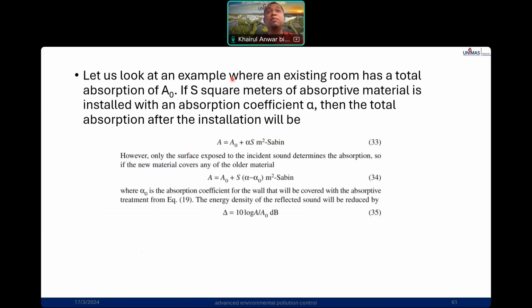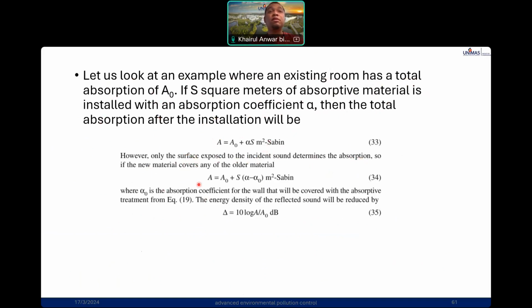Let us look at an example where an existing room has a total absorption of A naught. If S square meters of absorptive material is installed with an absorption coefficient alpha, then the total absorption after the installation will be A equal to A naught plus alpha S square meter Sabin. However, only the surface exposed to the incident sound determines the absorption.